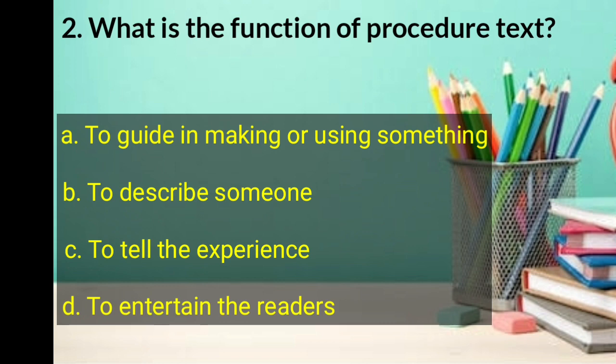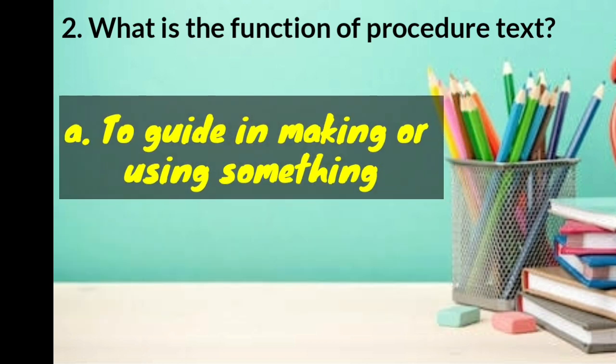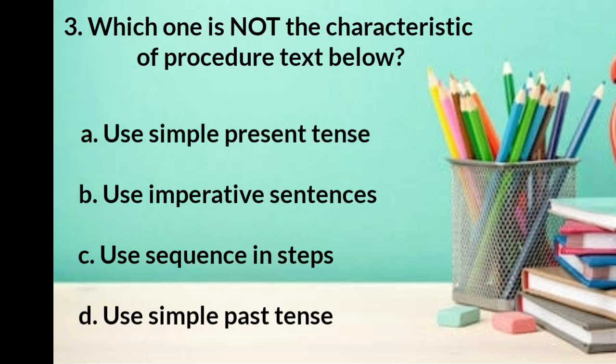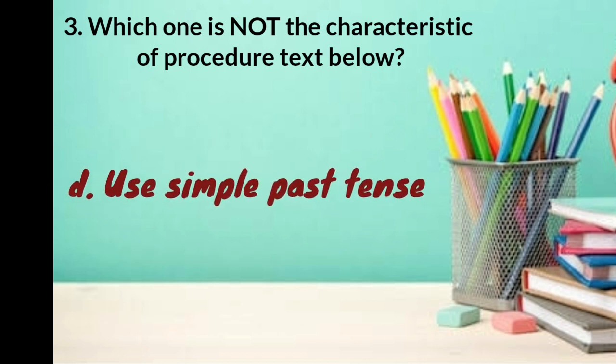The answer is A. To guide in making or using something. Question number 3. Which one is not the characteristic of procedure text below? The answer is D. Use simple past tense.